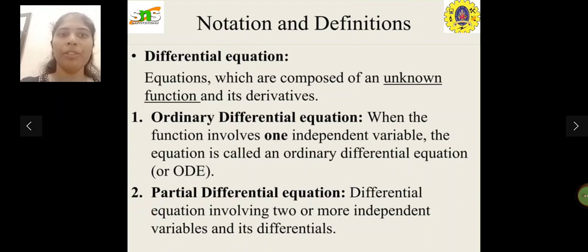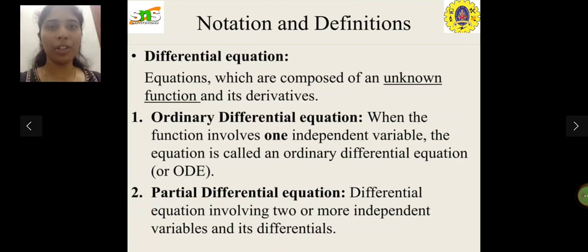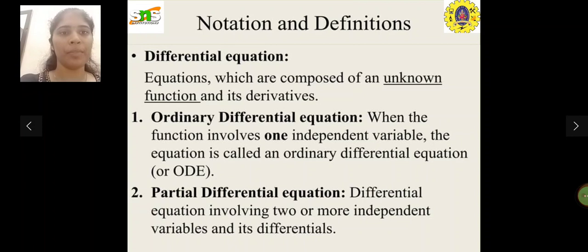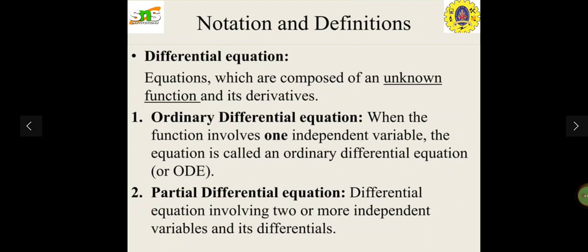So let us see the difference between what is ordinary differential equation and what is partial differential equation. First is ordinary differential equation. When the function involves one independent variable, the equation is called an ordinary differential equation, or shortly known as ODE.